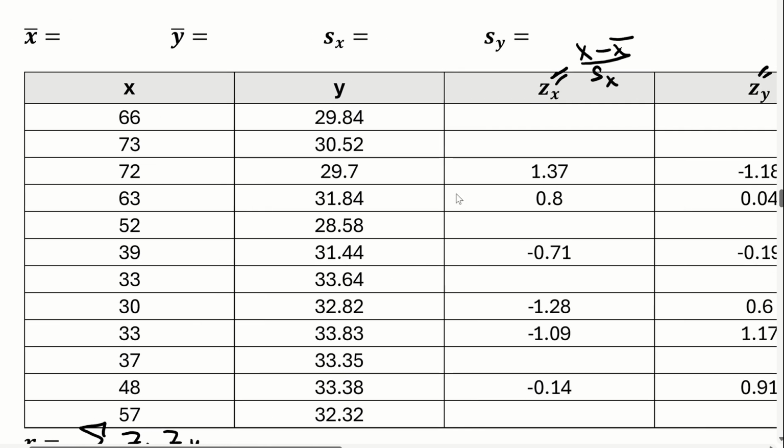Okay, so again, if I want to get this value, you take 66 x minus, let's write down the values that I got on here. Hold on a second. Yeah, I forgot to write down the values for some reason.